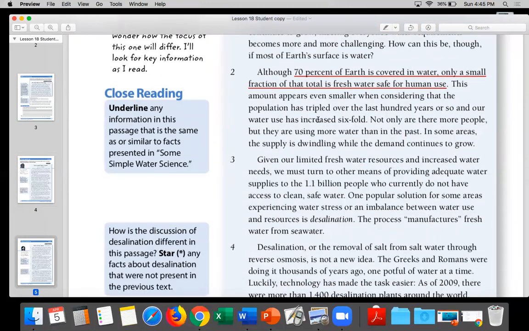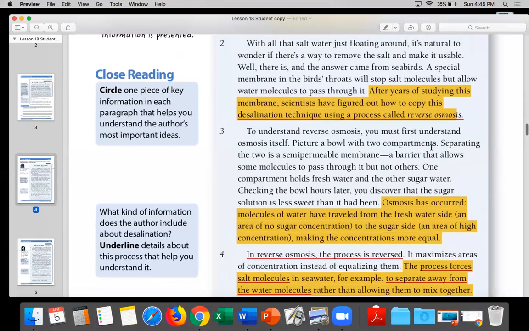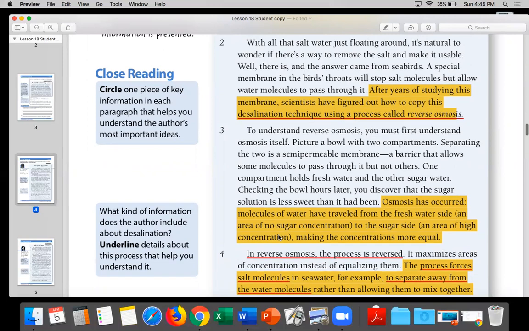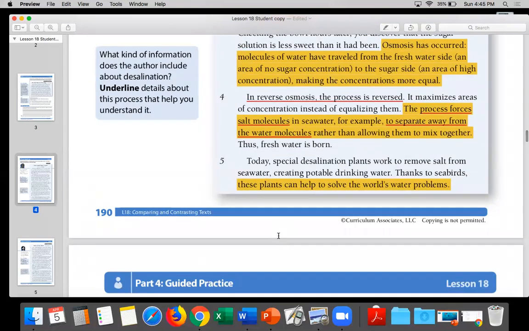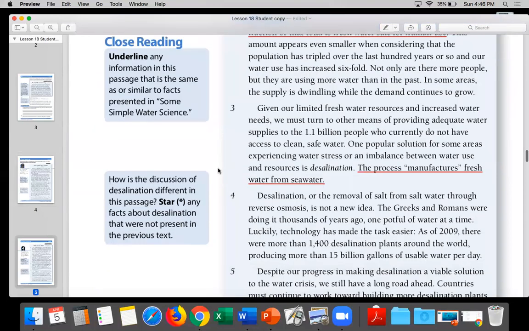And then at the bottom of paragraph 3, the process manufactures fresh water from seawater. So we're not manufacturing water, we're just making it happen. And basically, this whole thing talks about desalination and how it creates fresh water from seawater, so anywhere in here, pretty much.